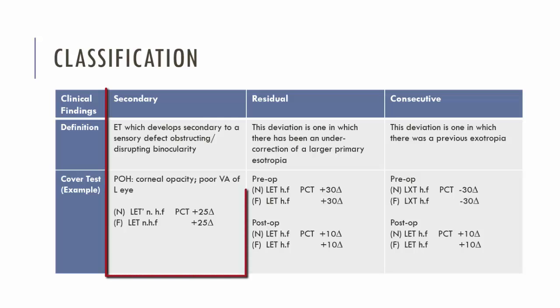For the secondary deviation, here we have an esotropia that's developed secondarily to a defect that's obstructing binocularity, such as a cataract, such as a corneal scar, etc. Usually children are the ones who develop an esotropia secondary to a pathology.